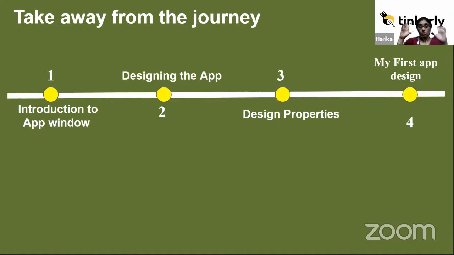How to change the colors, the border, the border width, the text, font, everything has been explained in properties. And finally, my first app design we have done, and we have also coded today. We have used the on events block and coded my first app design, where I can show different images. If I click, a sound is also appearing.